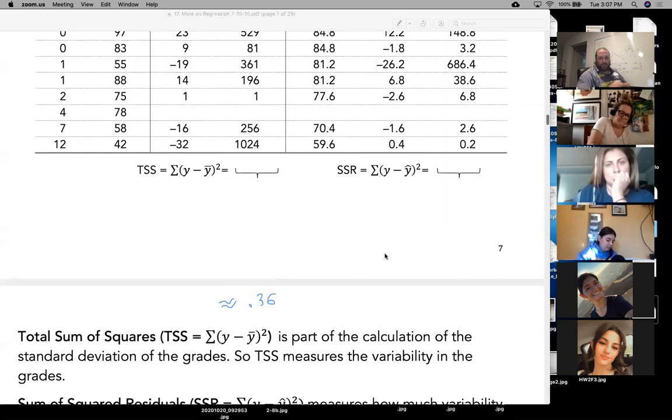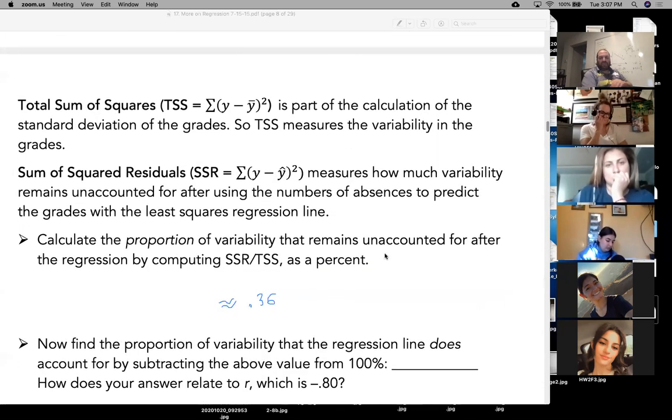So the 0.36 represents the proportion of the variability that is not included in the best fit line, whereas the 0.64 is the proportion of variability that is included in the best fit line. So what is the proportion of variability that the regression line does account for?